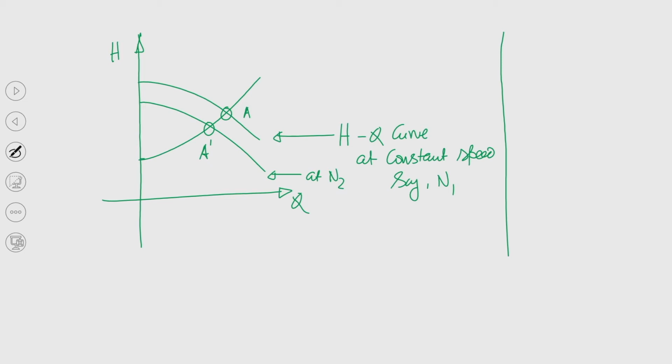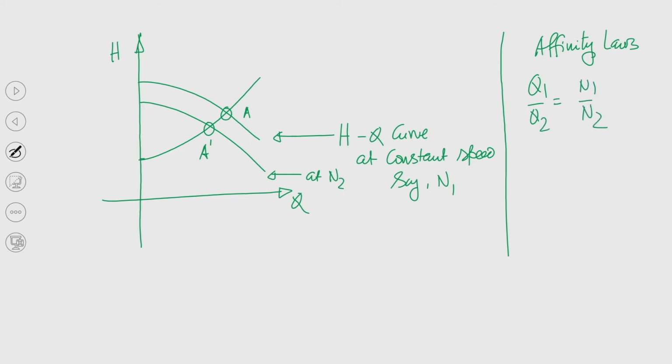Instead, if we know the operating point obtained from the H-Q curve, which is generated at constant speed n1, we can apply affinity laws. Affinity laws are used to predict the operating point obtained when the pump is running at a speed different from the rated one. Basically, the affinity law is q1 by q2 equal to n1 by n2.